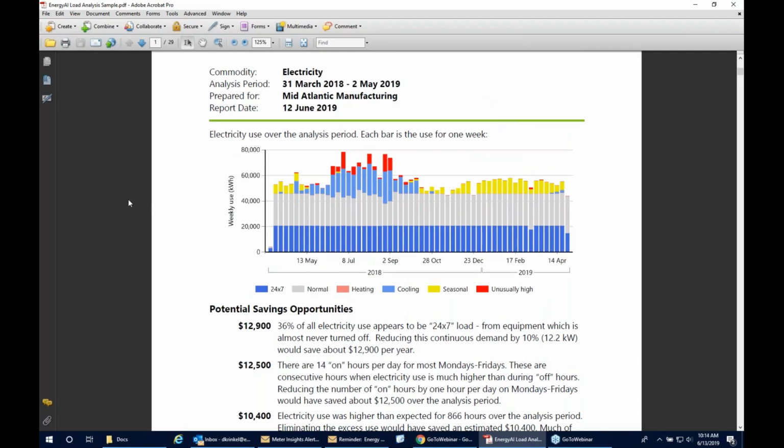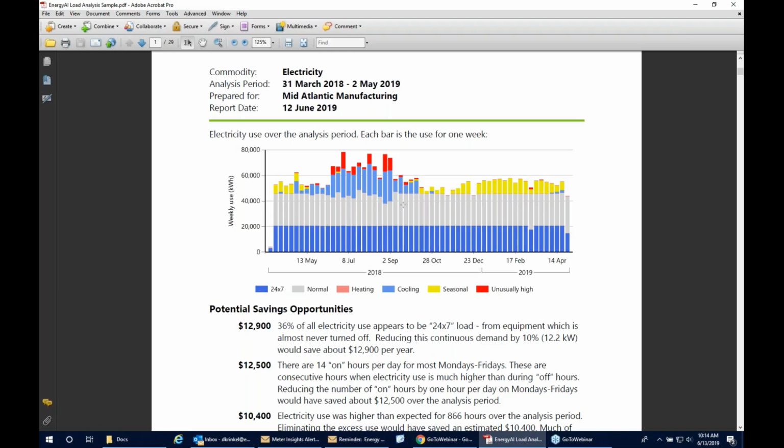What you see is a very simple graph showing weekly energy use broken up into the components that Energy AI analyzes. We'll go into each of these in a bit more detail, but essentially, at the bottom, the dark blue is what we call the 24/7, which is the equipment that is always running 24/7.